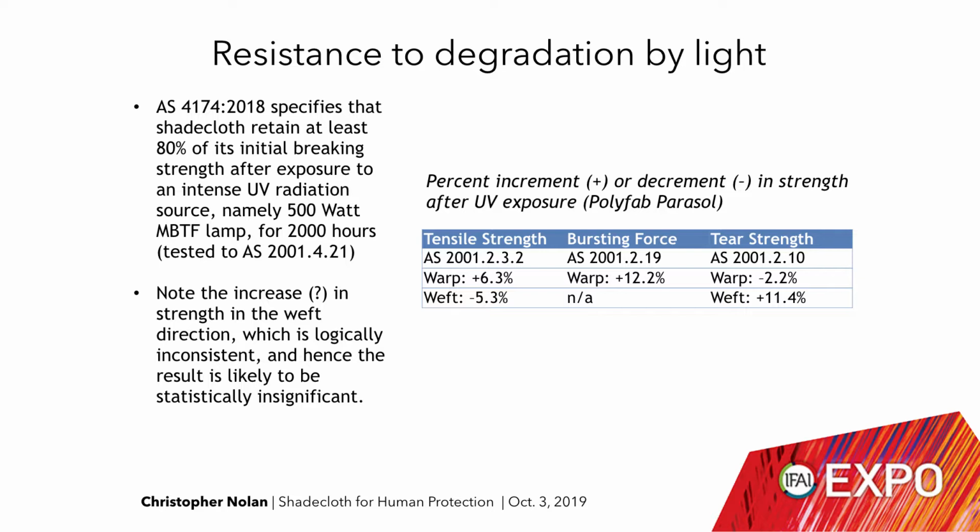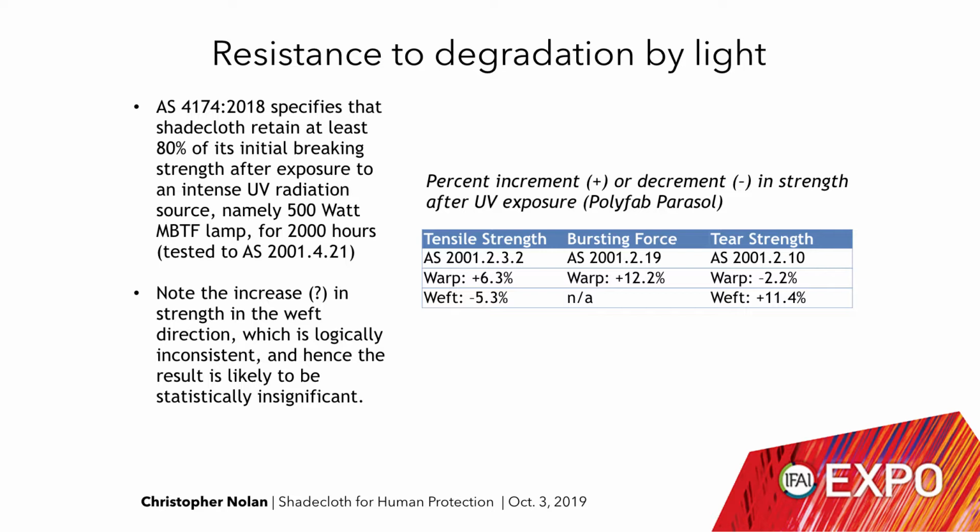And what you notice though, for tensile strength, allegedly, you have an increase in strength of 6.3% in the warp direction, and a decrease in tensile strength of minus 5.3% in the weft direction. And if you go across to tear strength, you see the opposite.